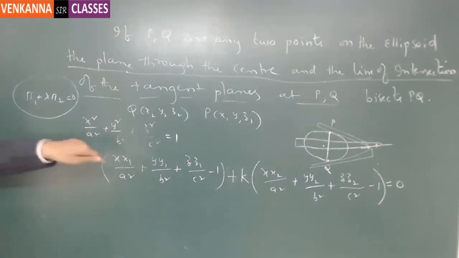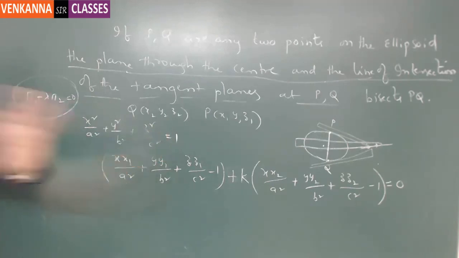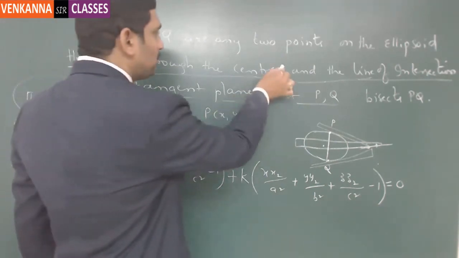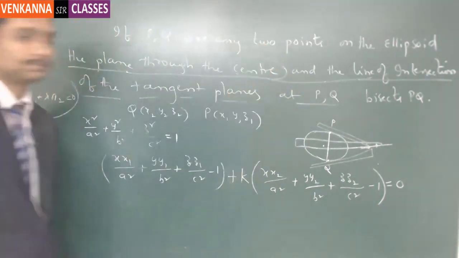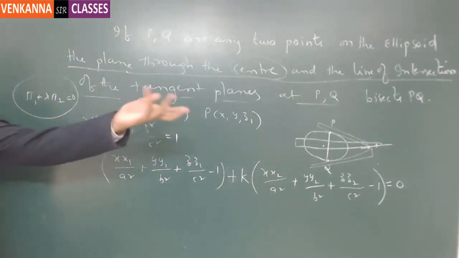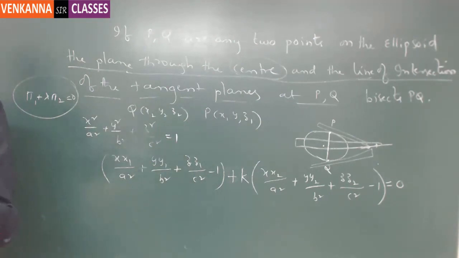So all I need to do is calculate the value of k. One more condition in the problem is the plane is passing through the center. So by default it is nothing but the origin. The ellipsoid is centered at the origin. The problems all of us are doing have the origin as 0, 0, 0.